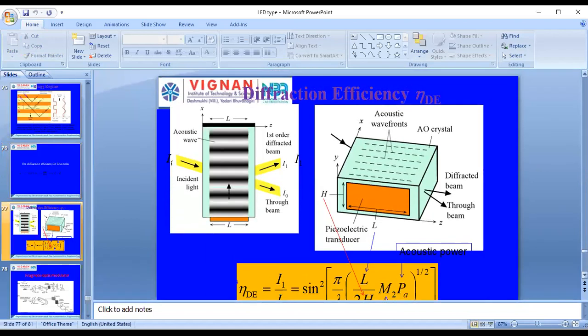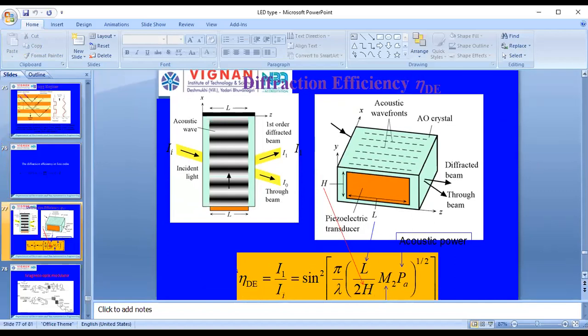Here you can see the diffraction efficiency mu d. Whenever the incident light is applied, as per Bragg's law or Raman-Nath information, it gives the diffracted beam output as I1 and the through beam output as I0, which is calculated here.